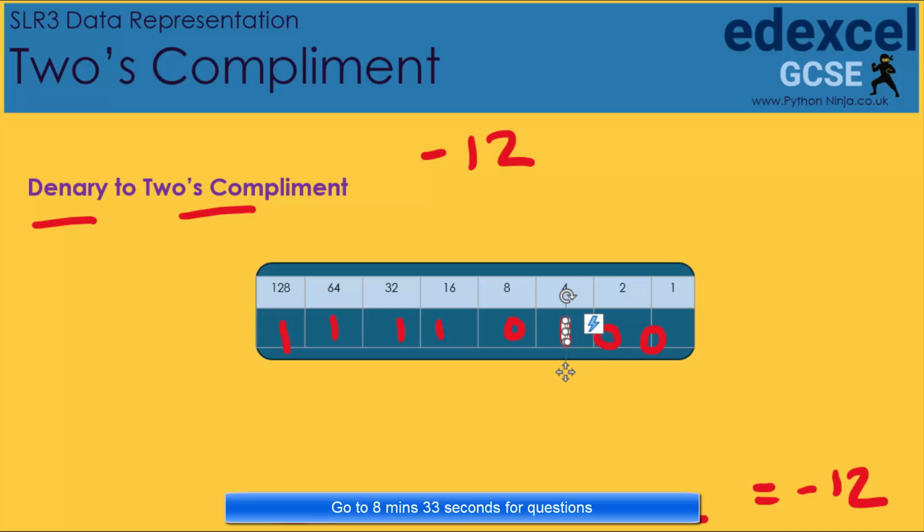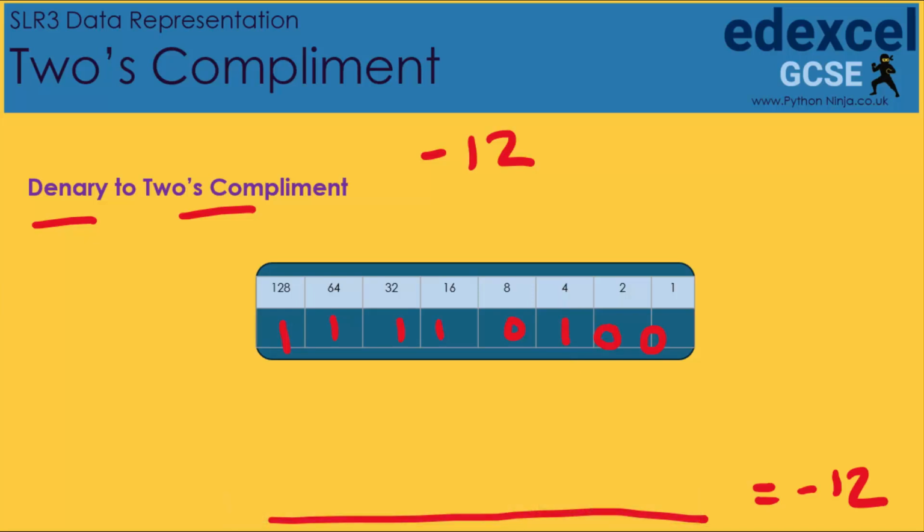We can use the system that we've been using up till now to check if it actually is correct. So it's a 1 here. Now this is a signed integer, so we know this is the most significant bit. So -128 plus 64, we know there are 2 64s in 128, so we're on -64 now. Plus 32, we know there are 2 32s in 64, so we are now at -32.